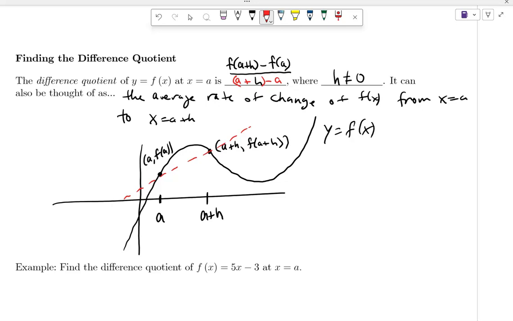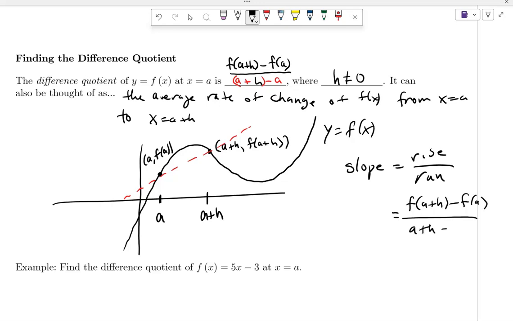So if I wanted the slope of this line, the slope here would be what? Your slope is, we'll call it rise over run, right? You would do the difference of your y coordinates over the difference of your x coordinates. Notice that is that difference quotient.